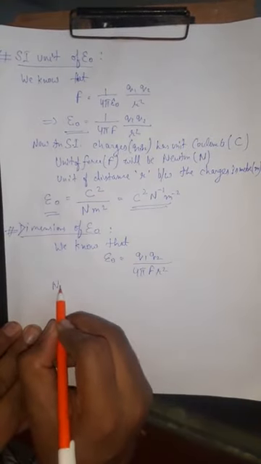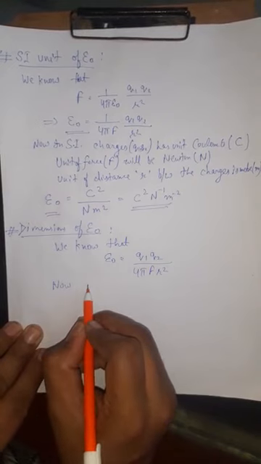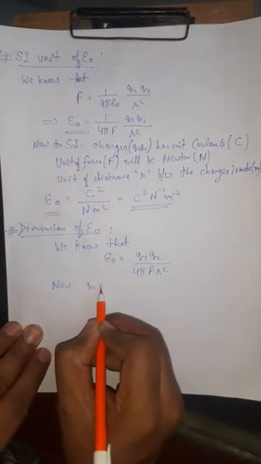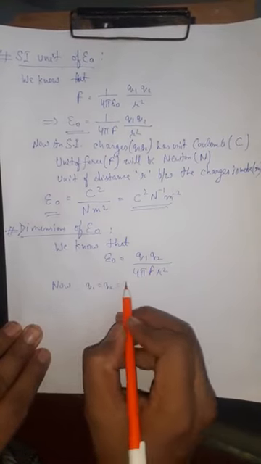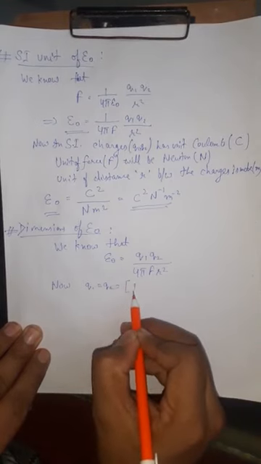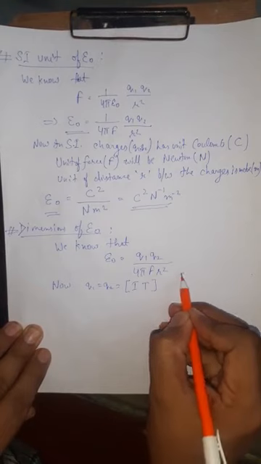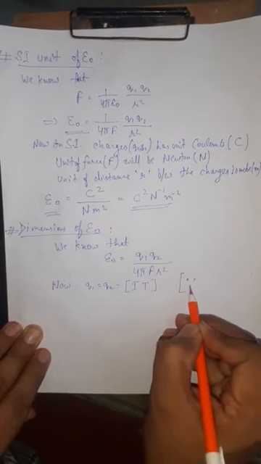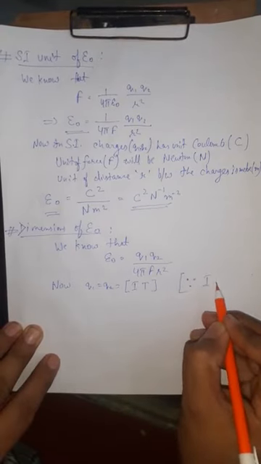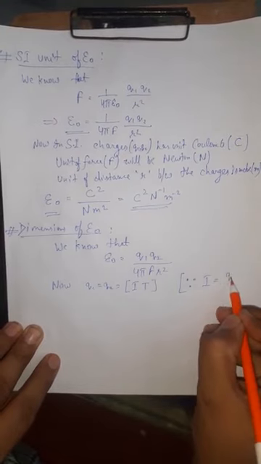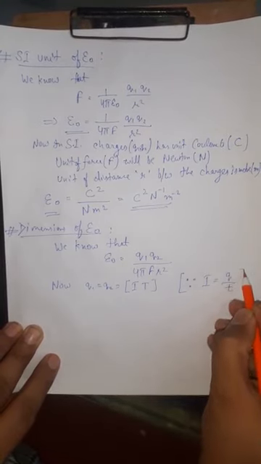Now Q1 equal Q2 is equal to I into T, because current I is equal to charge over time.